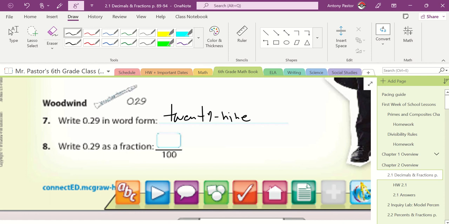And then the place value, which would be hundredths. And for some reason, it's not letting this pen work here. 29 hundredths as a fraction would be 29 over 100.